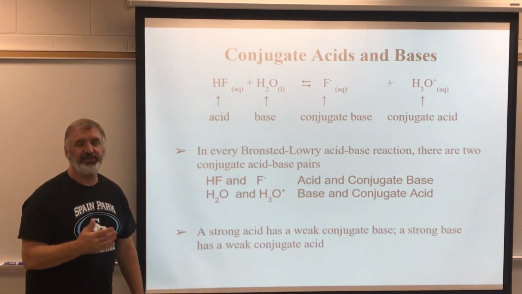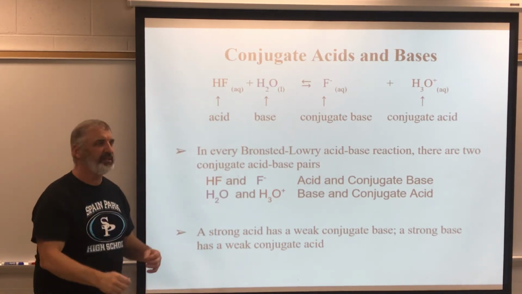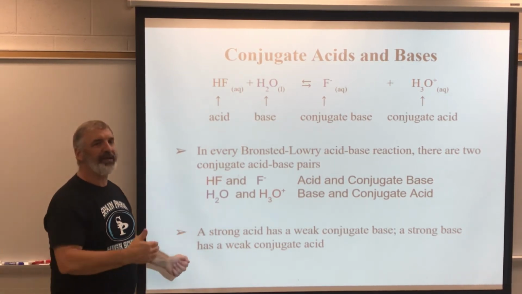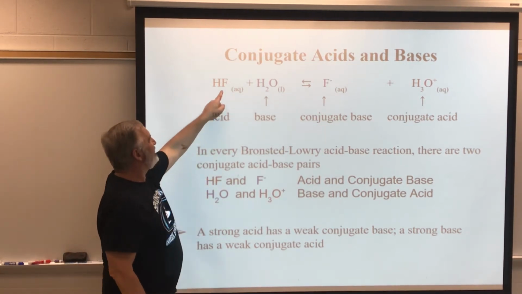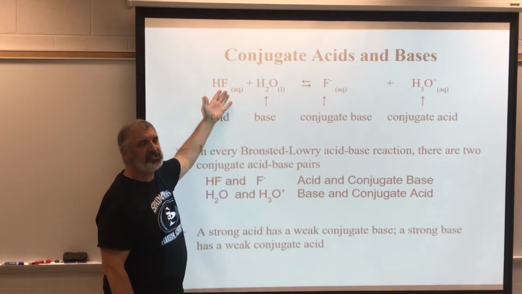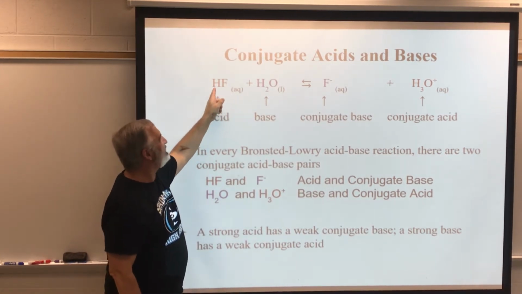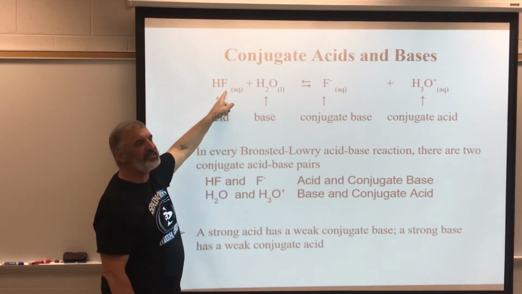Strong acid. So in everything we're doing here, it's always going to be the opposite. Acids make bases, strong makes weak. Now, we said that HF is a weak acid. It's not one of our 6 strong acids, which means it really doesn't want to break apart. The majority of the molecules want to be here. So it's a weak acid.